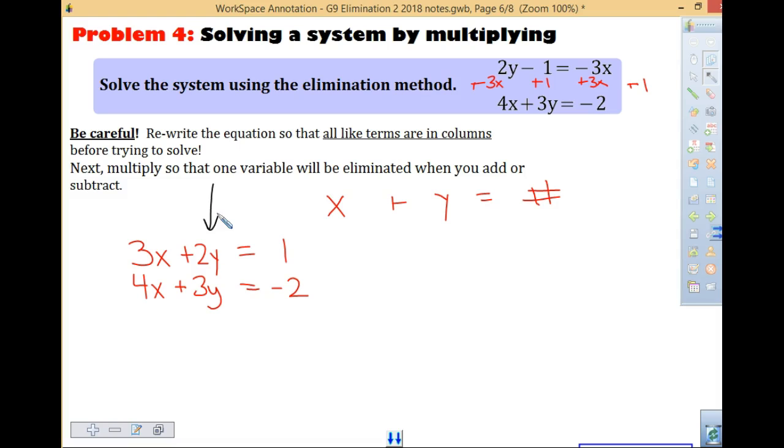So when we look at y, I need to have the number in front of y be the same number and the signs the opposite. So what can 2 and 3 both go into? 6, right? I'm going to multiply this whole first equation times... no. What am I taking 2 times to get 6? 3.